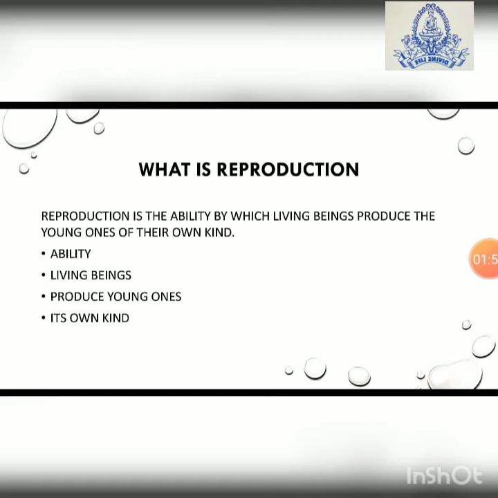So the young one, that is the puppy, is a very small animal that comes out of the mother's womb, and it is a young one that is produced. That means the reproduction system is carried out by the mothers, and they give birth to the young ones, they produce the young ones. Fourth thing is of its own kind.